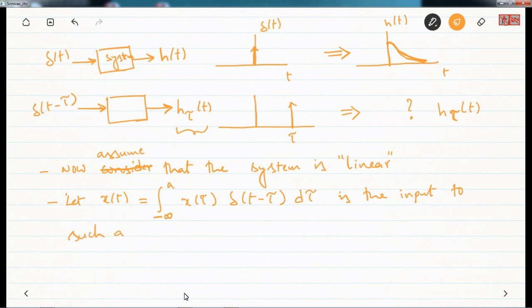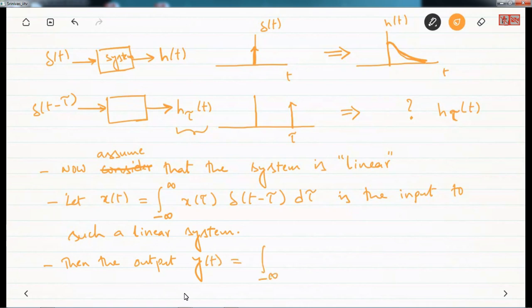So we have a linear system to which we have given this as the input. Then what is the output y of t?